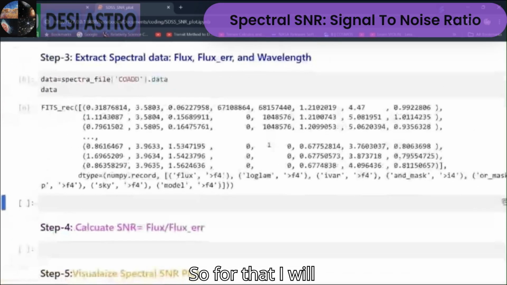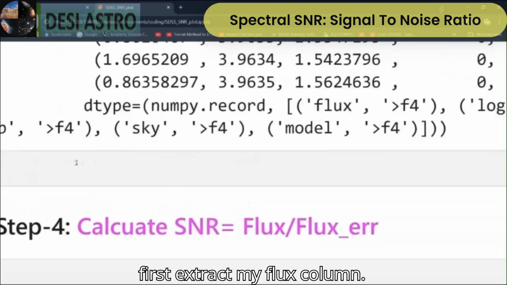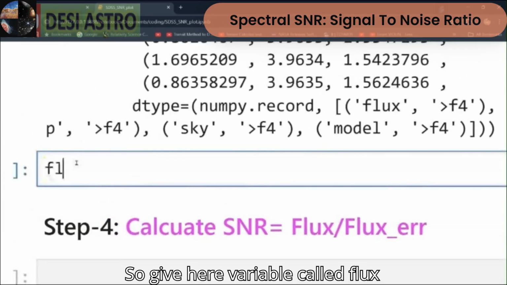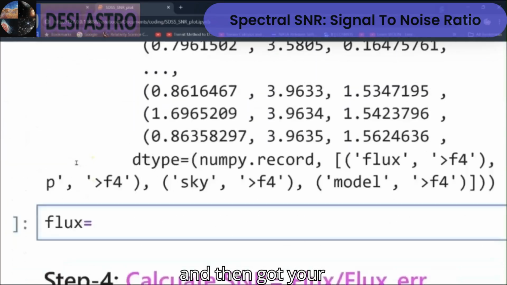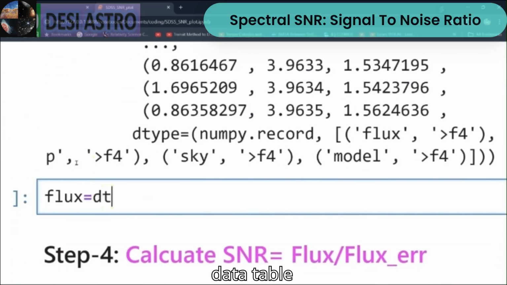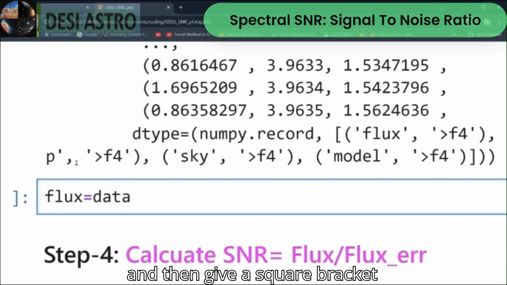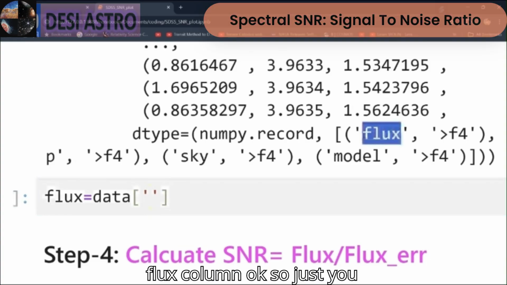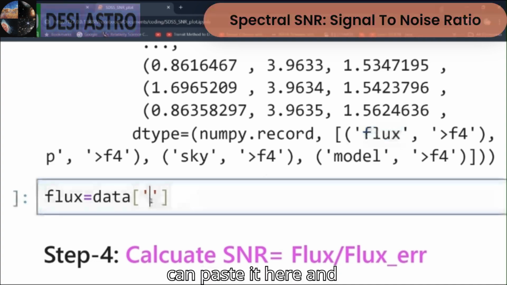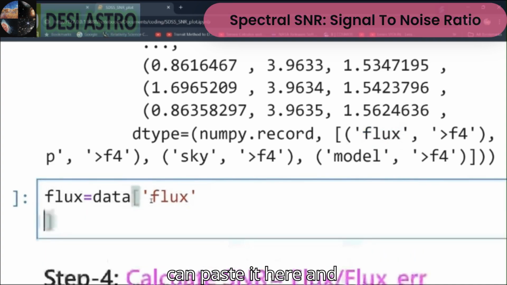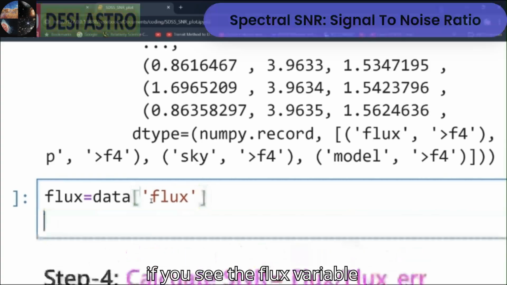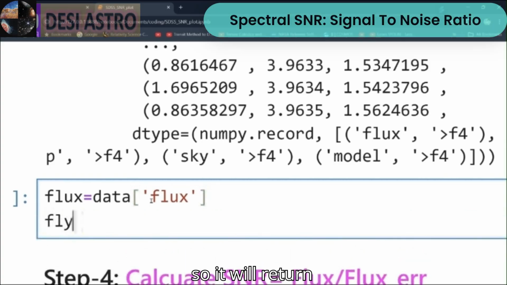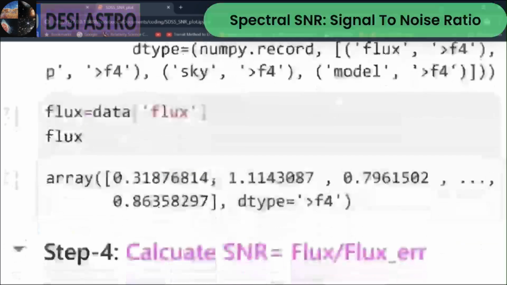For that I will first extract my flux column. Give here a variable name called flux, then go to your data table, give a square bracket and extract this flux column. You can just paste it here, and if you see the flux variable, it will return this array.